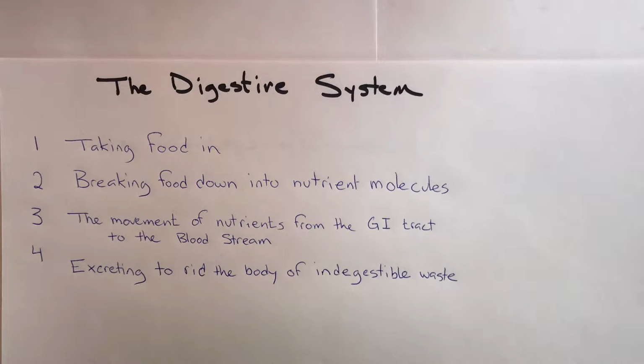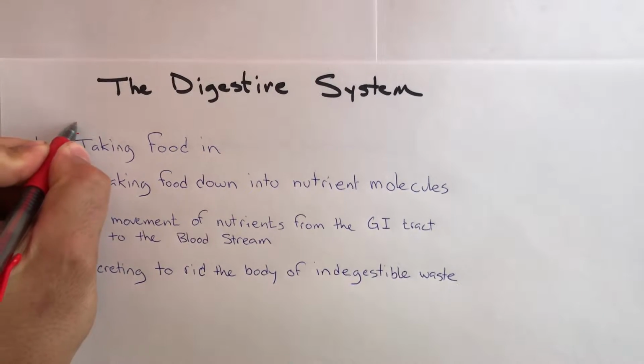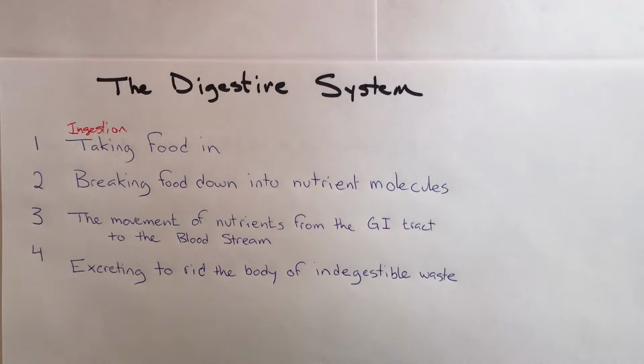The first is called ingestion, and this is taking in food. Ingestion, when we take food or anything from outside the body to inside the body, it's called ingestion, taking in food.